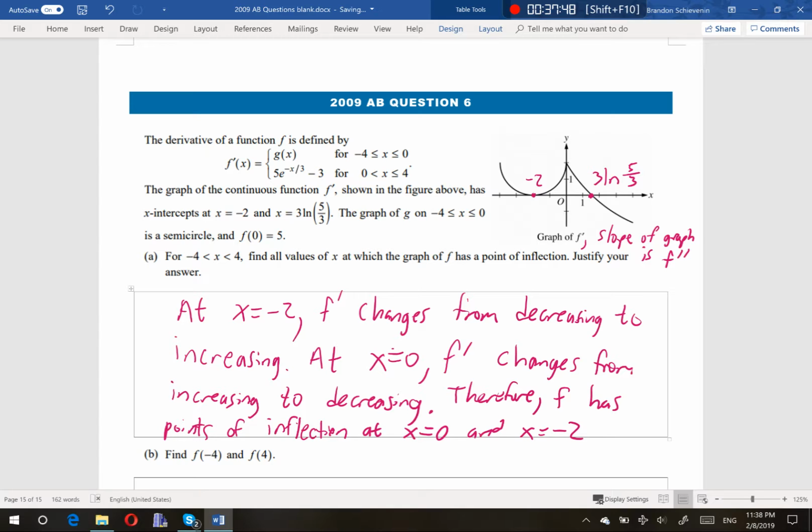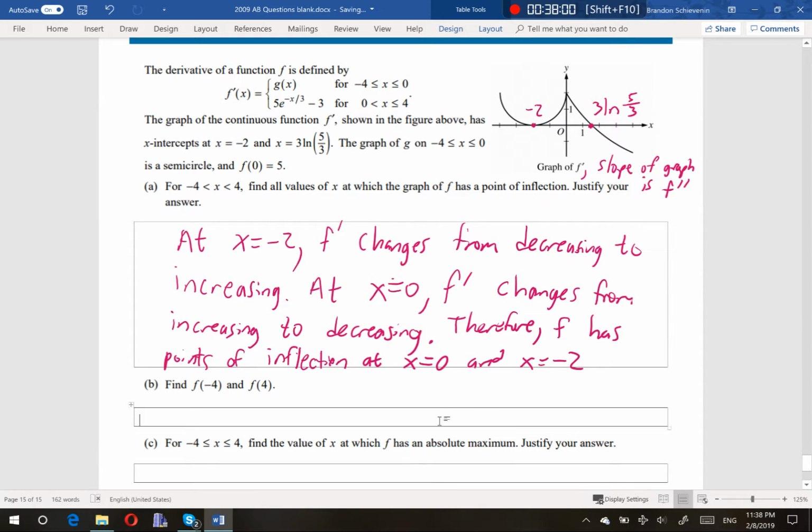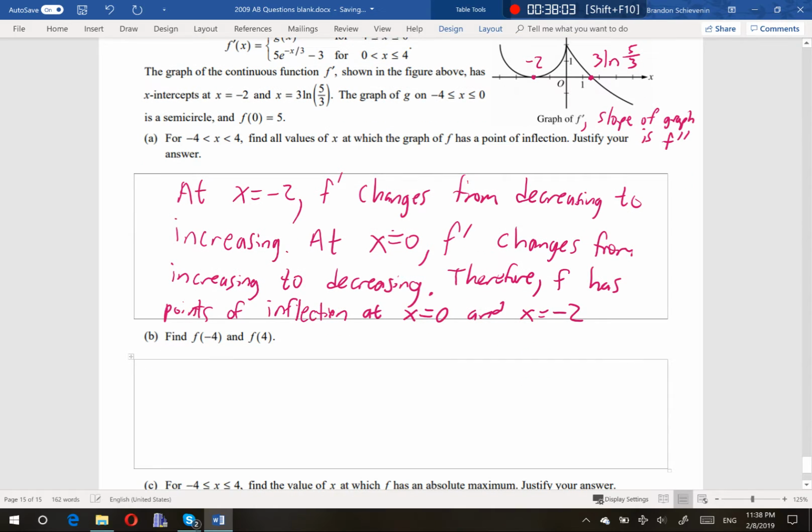Okay. For part B, I want to find the original values of our function at x equals negative 4 and at x equals 4. So let me scroll down just a little bit and give us some space. We were told that f at 0 is 5.